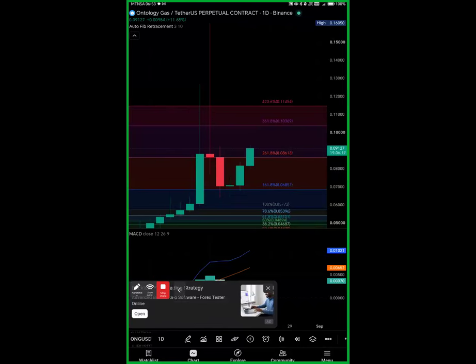And then we spoke about the 3 white soldiers and the 3 black crows. So we are exploring some of those chart patterns. This is an example of a morning star that is developing here.